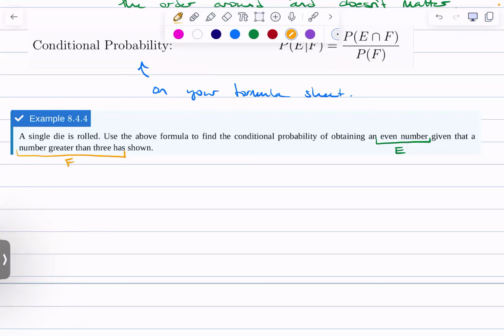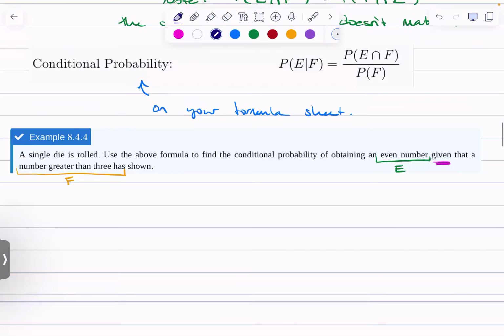Even though F doesn't really make sense as a letter, it is the given information. In terms of our formula, this will be the nicest way to map it out. We'll outgrow that and be able to map from different variable names, but it's our first time. So we want the probability of E given F.